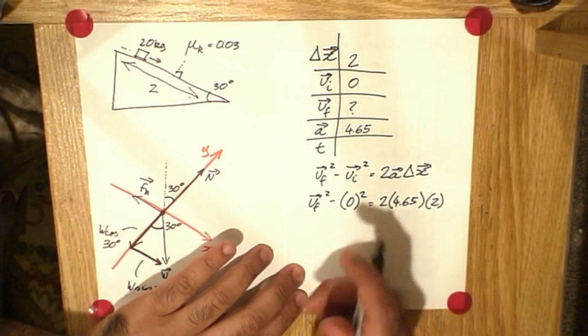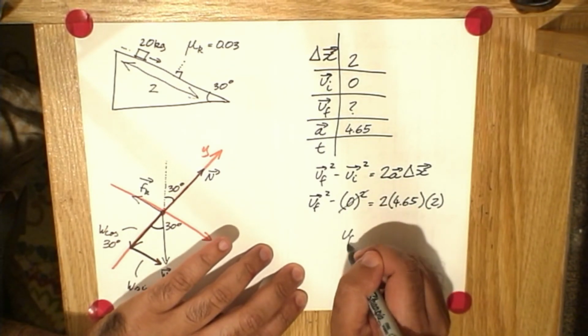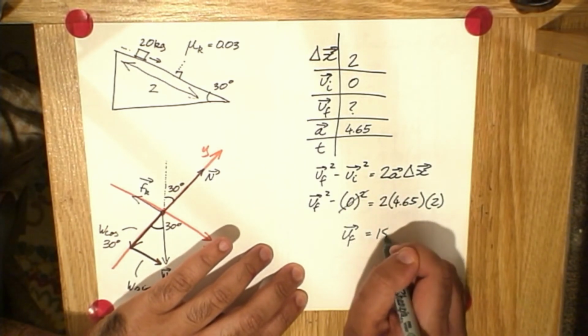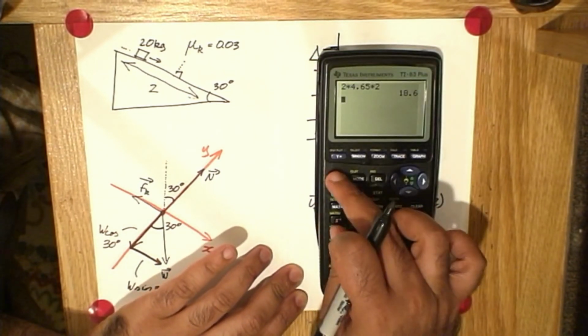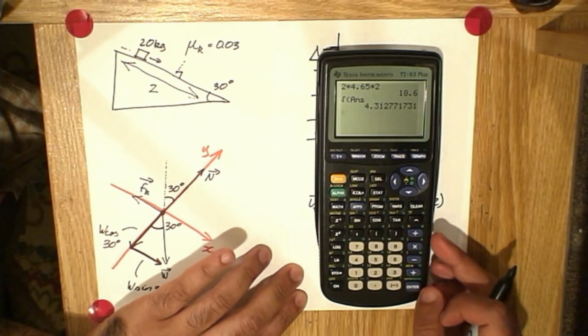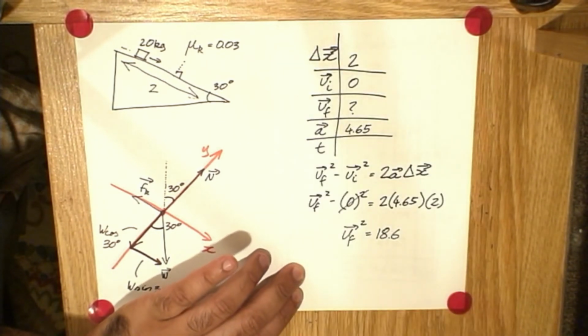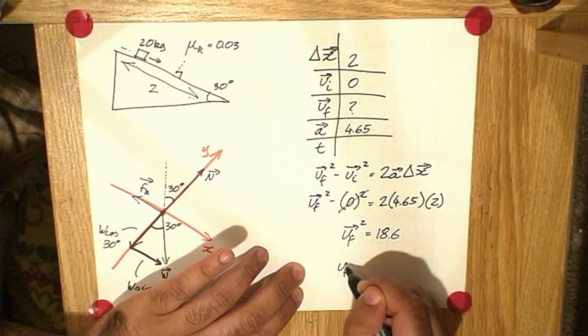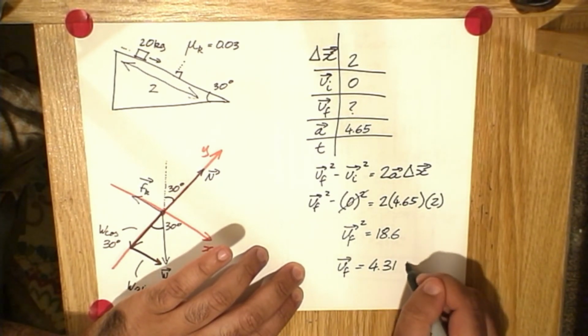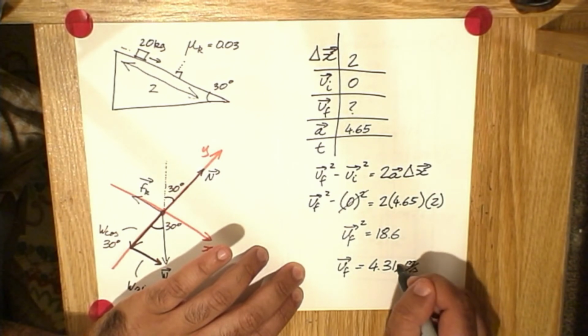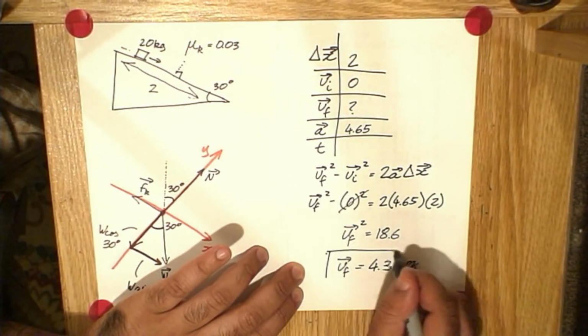So V final squared equals 18.6. The square root of that is 4.31. V final is 4.31 meters per second, and this is in the i hat direction.